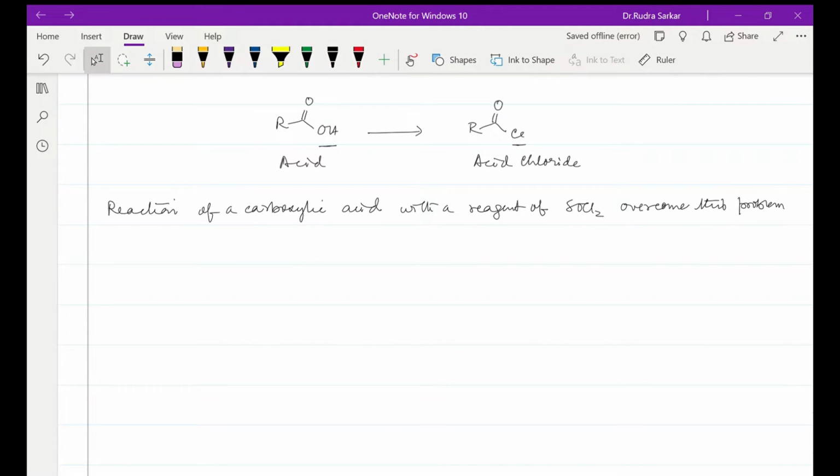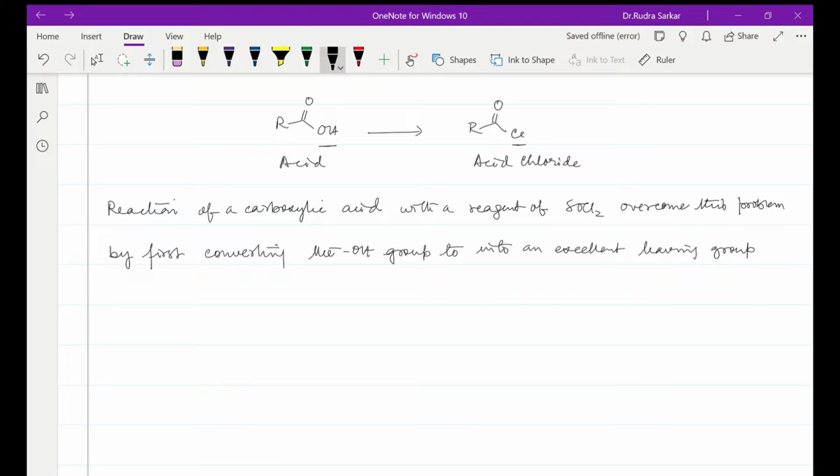Okay, how? By first converting the OH group into an excellent leaving group, and that can be replaced by Cl.